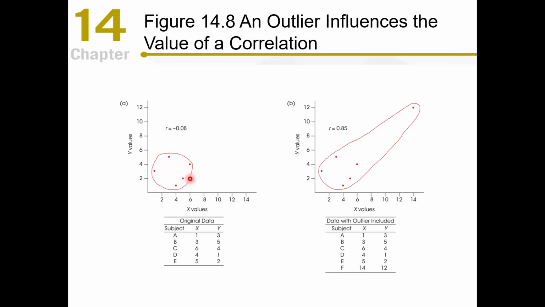However, if I were to incorporate this extra data point here with the outlier included, 14, 12, you see that that pushed that point way out here. And that would then take what was at one point really no correlation whatsoever, and it disproportionately affects the correlation coefficient and increases it to a positive 0.85, which is very misleading.